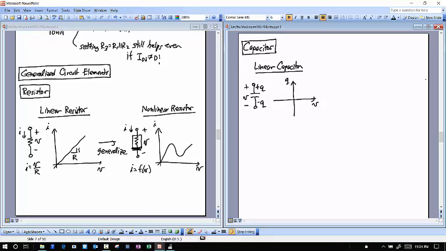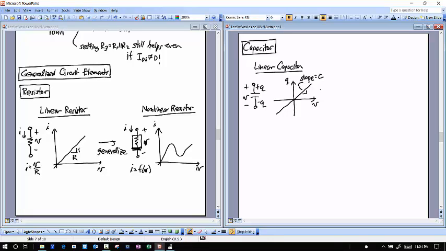So you'll plot charge versus voltage, and in this case for a linear capacitor, you're going to get a straight line with a slope equal to the value of capacitance.